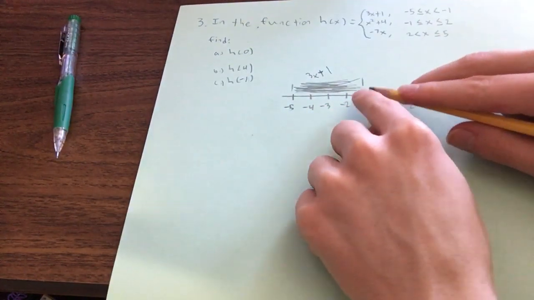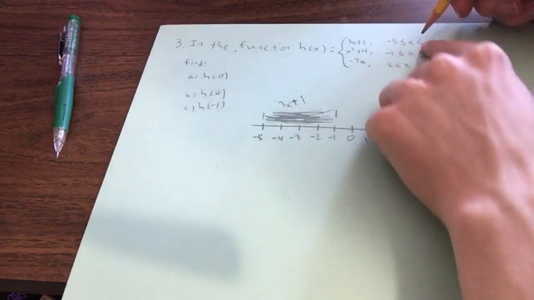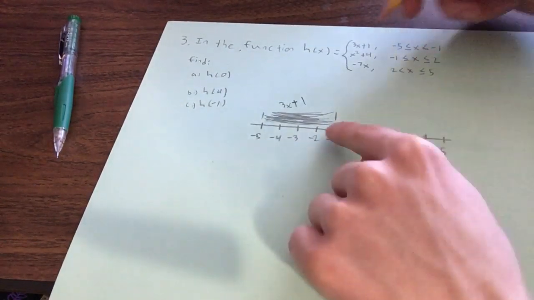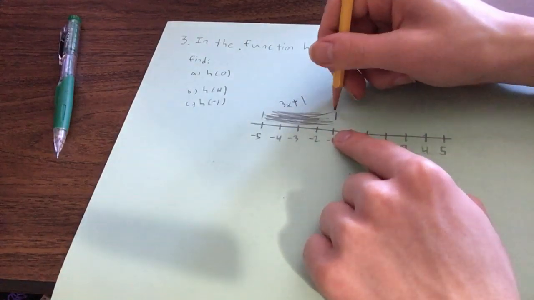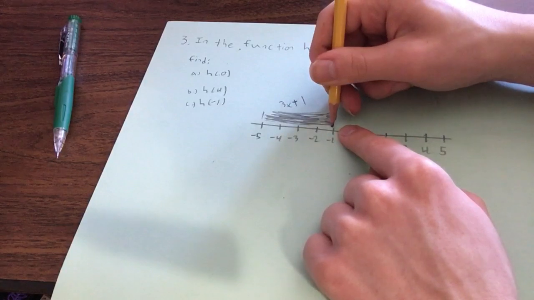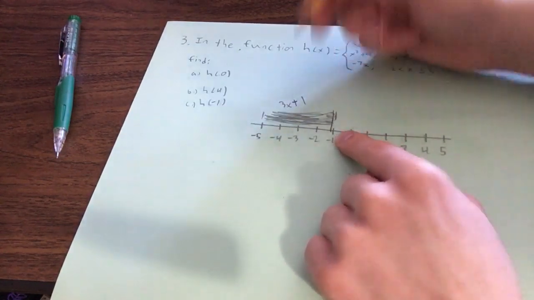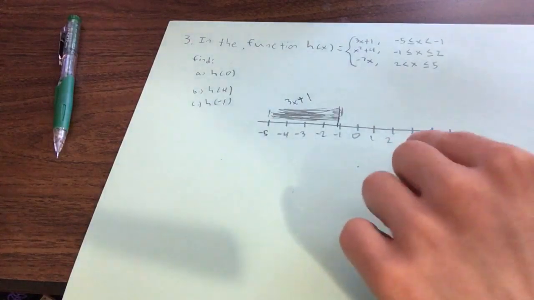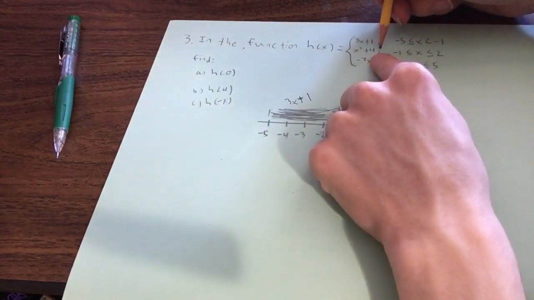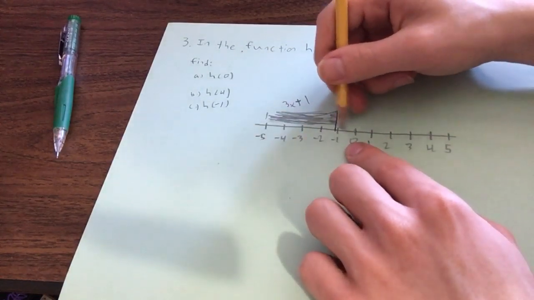Then from negative 1, and if you see there's a less than sign and not a less than or equal sign, that actually means it does not include negative 1. It's right before it, basically. Okay? And then the x squared plus 4 is the one that goes from negative 1 to positive 2.